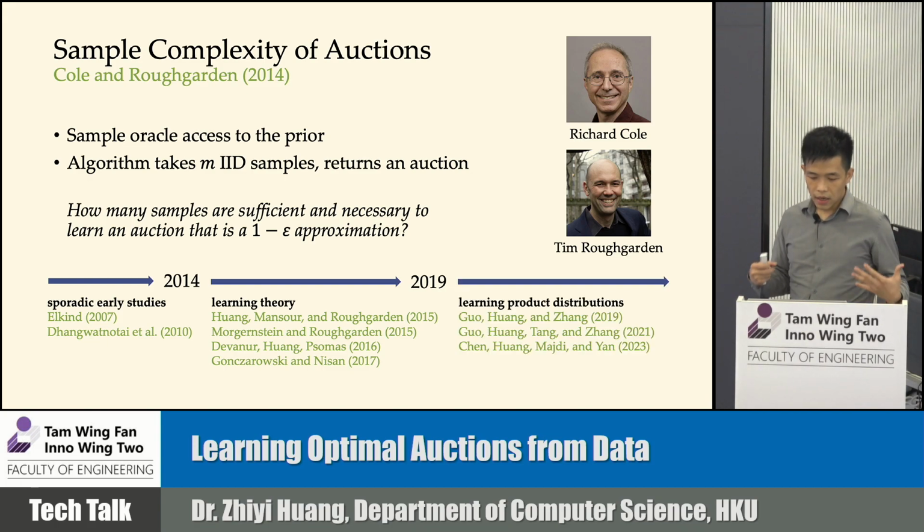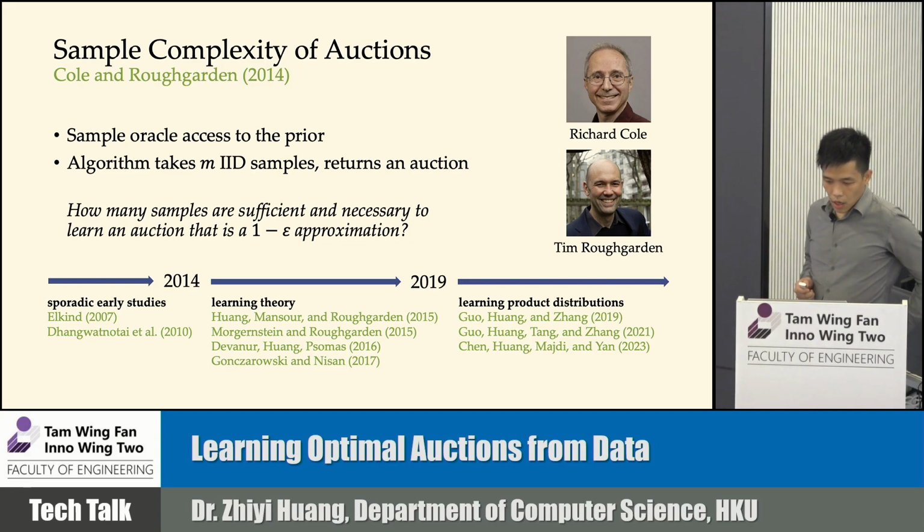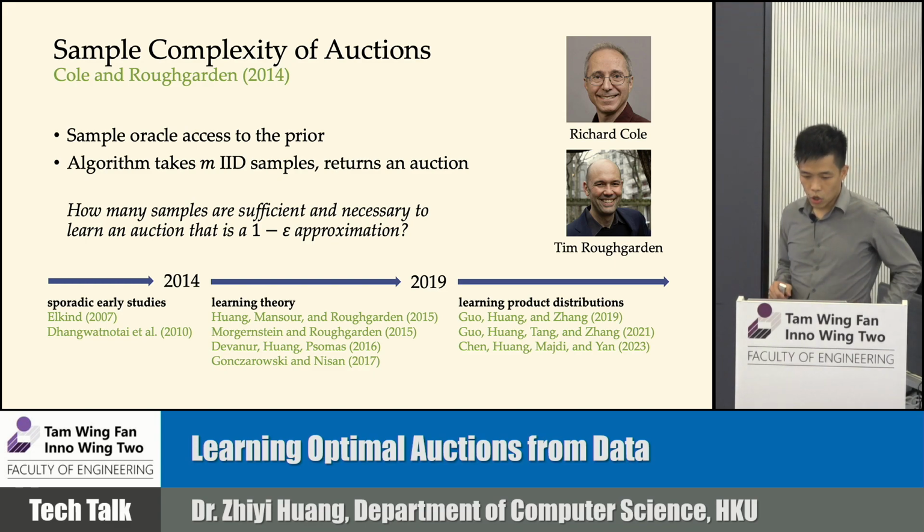And since 2019, the latest research has turned to learning the value distribution in particular, using the fact that they are product distributions. In the last 10 minutes or so, I would like to briefly go through these 2 stages of study and focus on the key intuition behind this research.